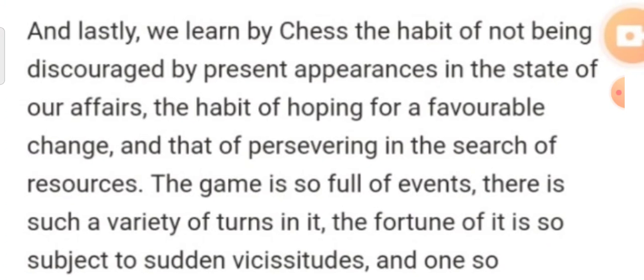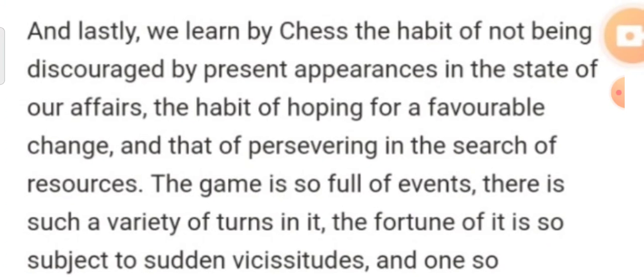We should always be encouraged and we should move forward. The habit of hoping for a favorable change. If some unfavorable thing happens to us, we should hope that the next moment there will be a favorable change for me and I will be successful in my life.